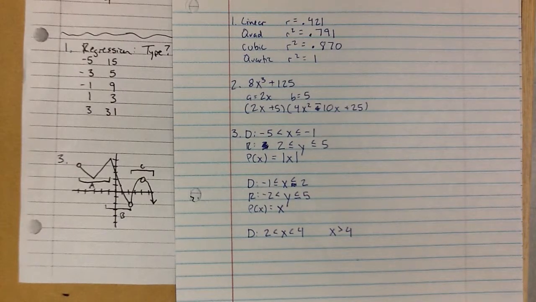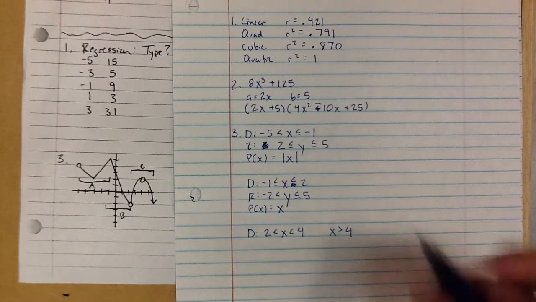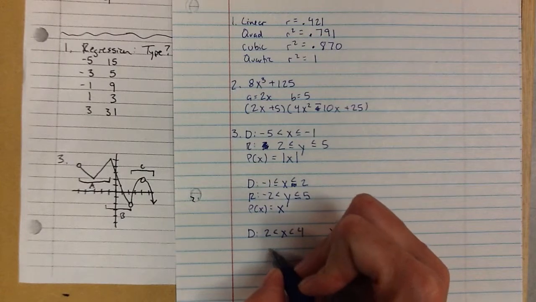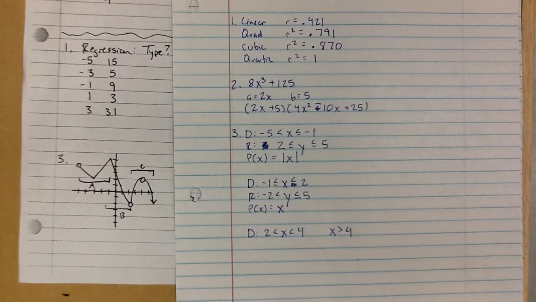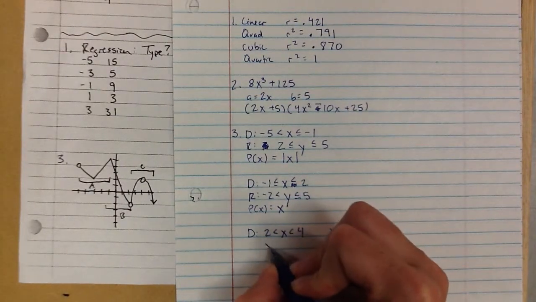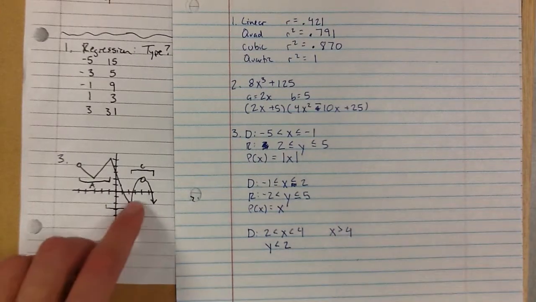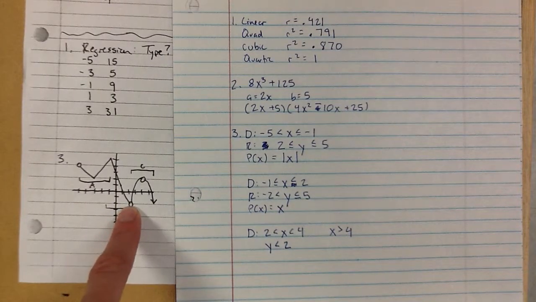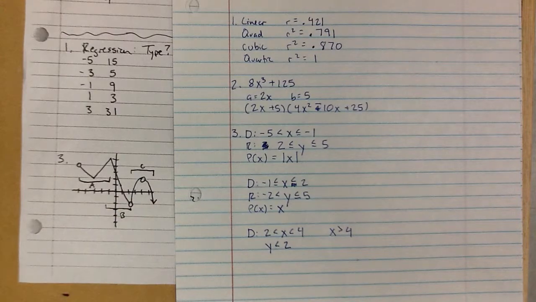Alright, what's your range then? Okay, it's not -2. Y is less than 2. Alright, y is less than 2. I'm not worried about this hole right here. Why not? Because you already used it. You go over it again on the right.